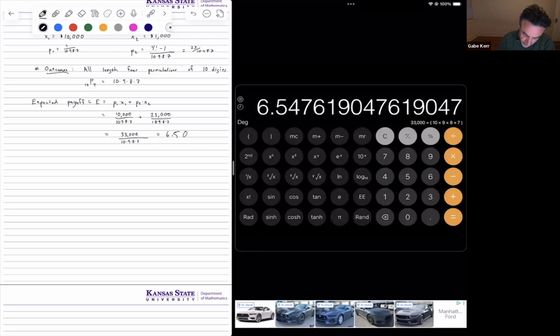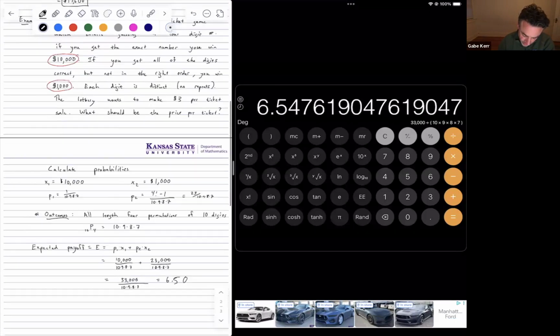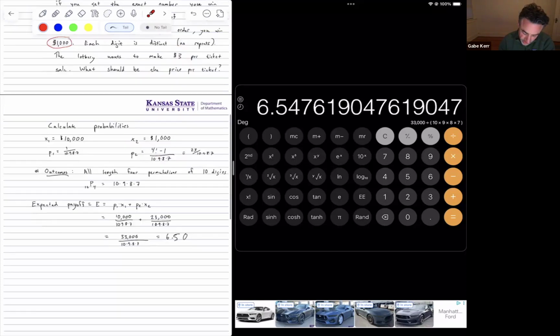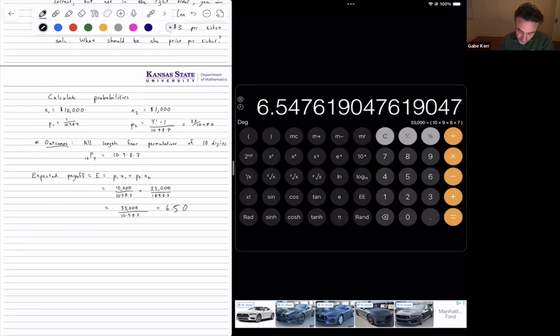And we were told that the lottery company, the state, wants to make $3 per ticket sale. So the expected payoff is 6.50. And if we want to collect an additional $3 per sale, we should add $3 on top of that.